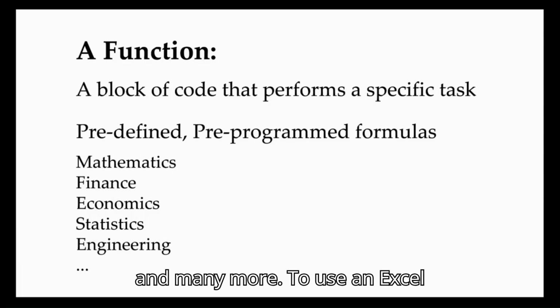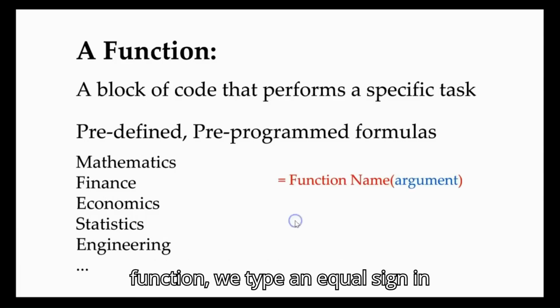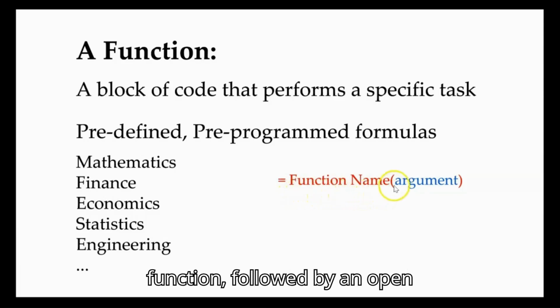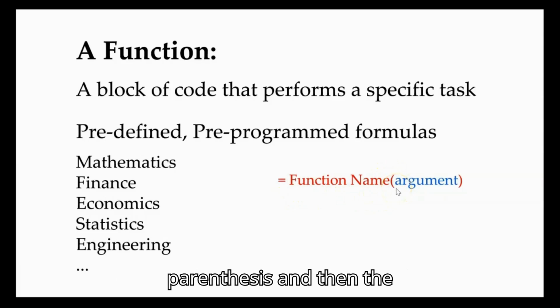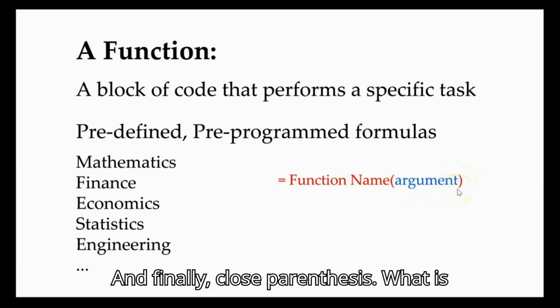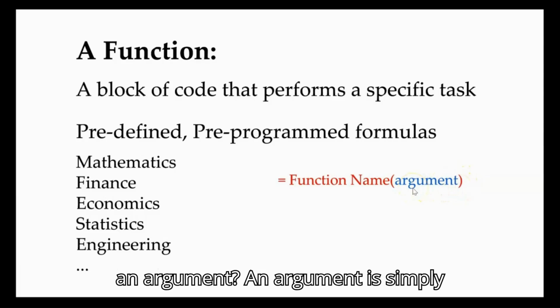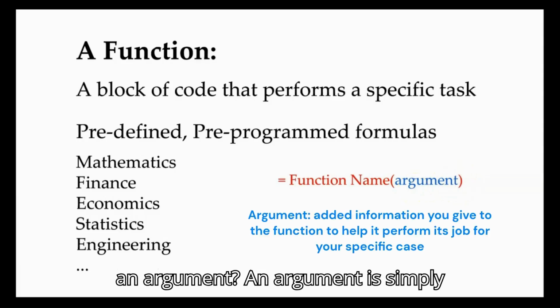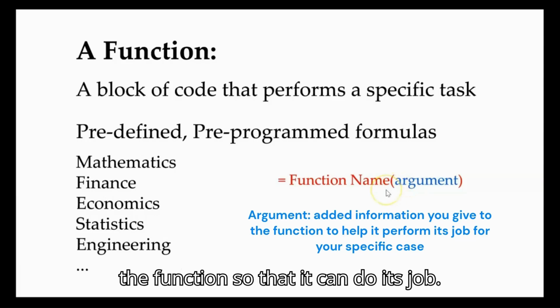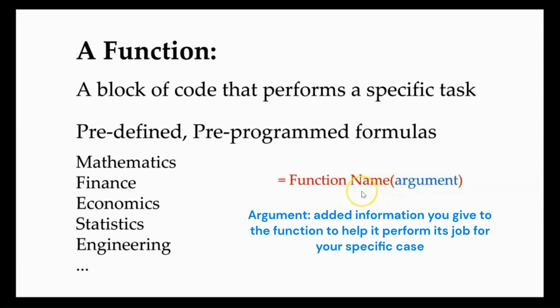To use an Excel function, we type an equal sign in the cell, followed by the name of the function, followed by an open parenthesis, and then the argument of the function, and finally a close parenthesis. What is an argument? An argument is simply extra information that we need to give the function so that it can do its job.